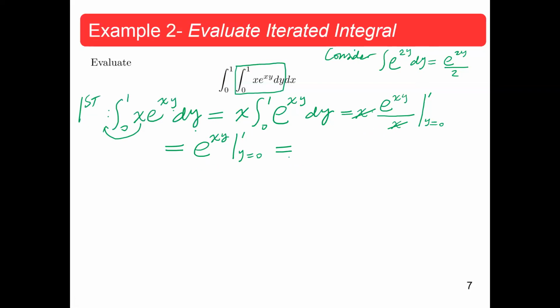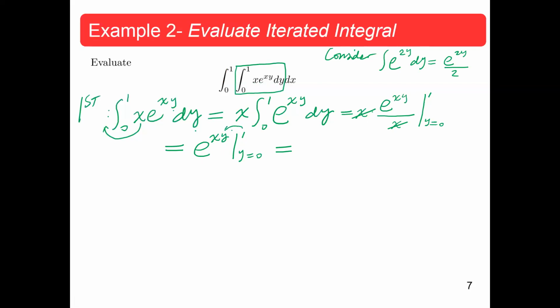Now, right before we evaluate, let's check that this antiderivative makes sense. E to the xy: if you take the derivative with respect to y, do we have this integrand? Yes, we would have e to the xy first, and then the chain rule with respect to y gives you an additional x. So this is a correct antiderivative, okay?